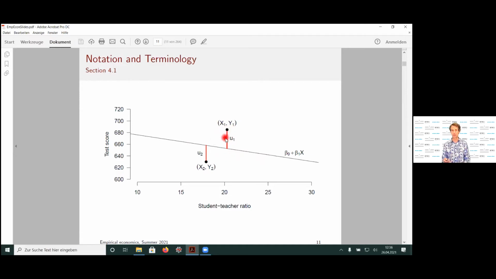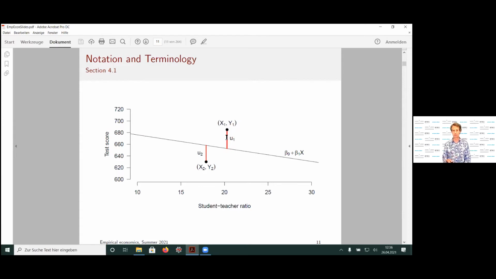So there is a positive error term here, and the positive error term is the red distance. That's u1. So this school district, for instance, school district 1, has a test performance which is larger than we would expect given the class size of slightly larger than 20. So we would expect the test performance which is around 660, but we observe a test performance which is about 680, so we have a positive error term here.